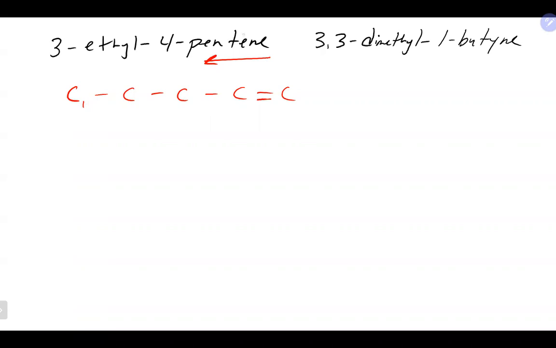That takes care of pretty much this and this. That means at carbon number 3, there's an ethyl group, which is a 2-carbon group, which would go there. Now everything else again would be hydrogen. So this one needs 2, this one needs 1, this one needs 1. Coming up, it needs 2 and 3, 2 and 3 again, to get everybody to 4 bonds. Any questions on that one?